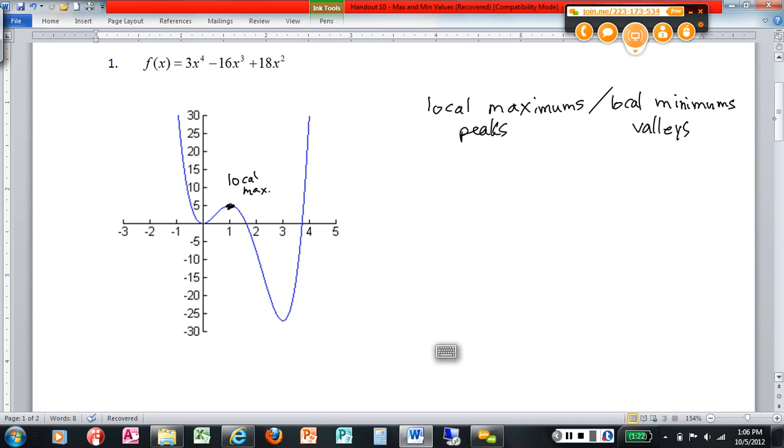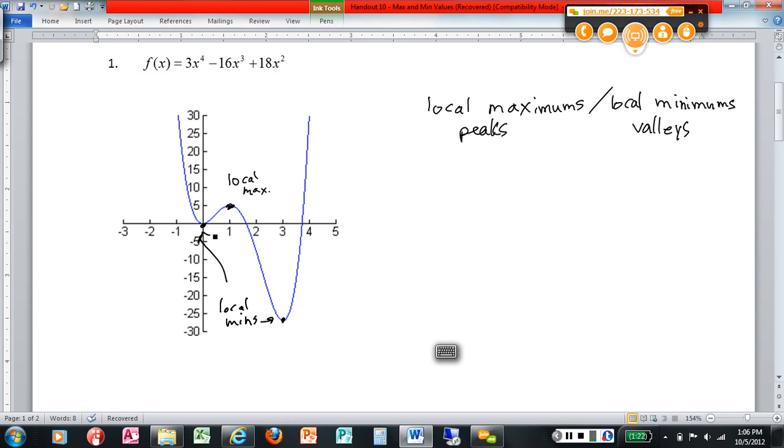But anyway, for the most part, it's a good way to think of it. But what do you see? Local maximum right here. Local minimum at 0 and a local minimum there at x equals 3. And so those are the local mins for this particular function.